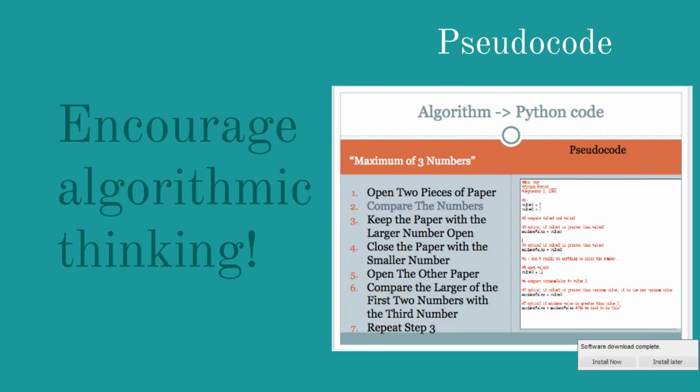So I have here an example of a simple pseudocode for displaying the maximum of 3 numbers. And then on the right side, the stuff in red is the pseudocode, and the code in black is the actual code. So I'm showing them how it translates from pseudocode into actual code. And you'll notice step number 2 is grayed out, compare the numbers. That's because at this point in our year, they don't know how to do that.